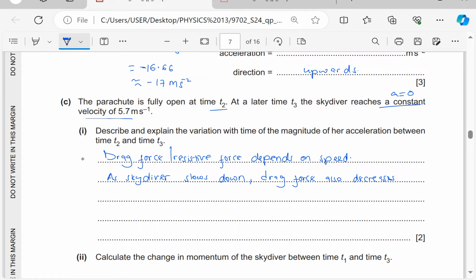What happens to the resultant force? Remember, the resultant force was drag force minus the weight. So the drag force is becoming smaller, so the difference in magnitude also becomes smaller.